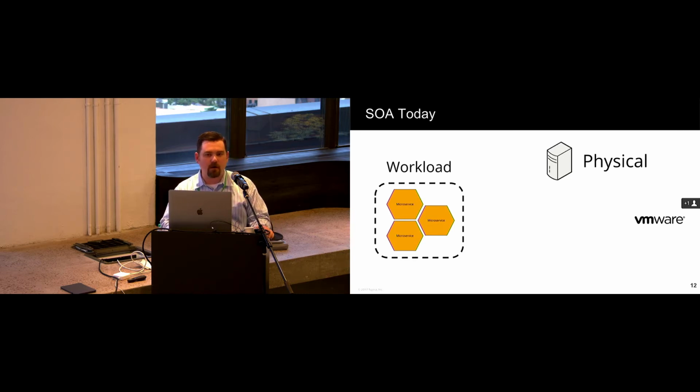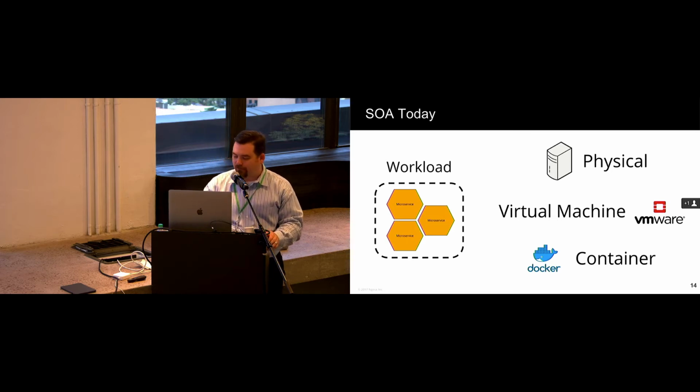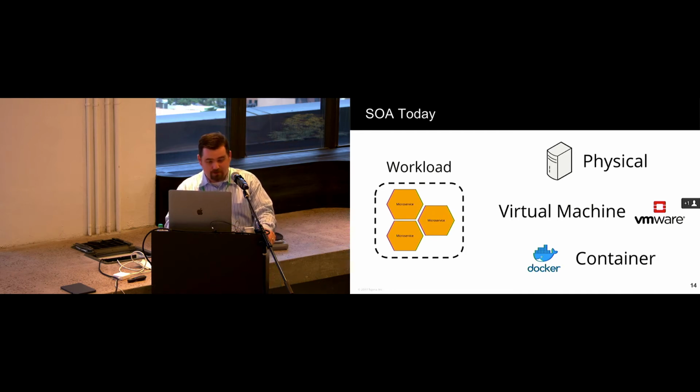Put your workload on there, put your LAMP stack or some type of Java stack, and start serving up your service. You could also have a virtual machine with VMware or OpenStack or another VM provider. At that point, the workload then is centralized on the VM boundary. And then finally, most of us have actually started migrating towards containers because they're a lot more efficient, and frankly, they're faster and easier to start up and deal with.